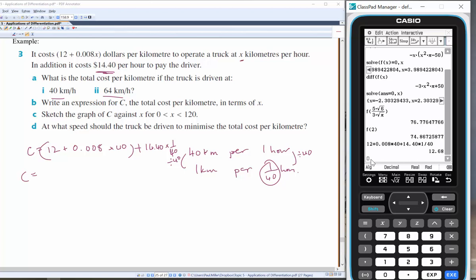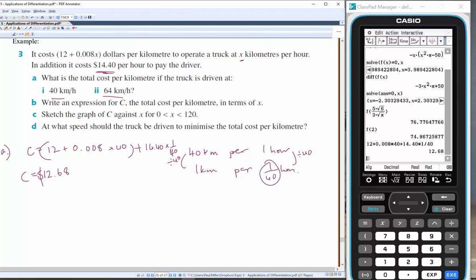So the cost is going to be 12.68 per kilometre. So the total cost per kilometre, if the truck is driven at 40 k's an hour, is $12.68. Seems expensive. Anyway, right.